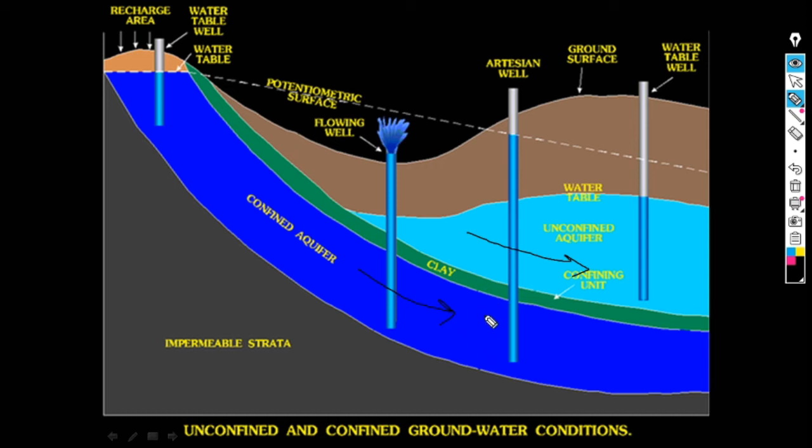So this aquifer is not actually getting recharge from the water which is coming from this region, but it is actually getting recharge from the water which is coming from this region. Okay, so this formation is exposed somewhere else and it is getting recharged from here.